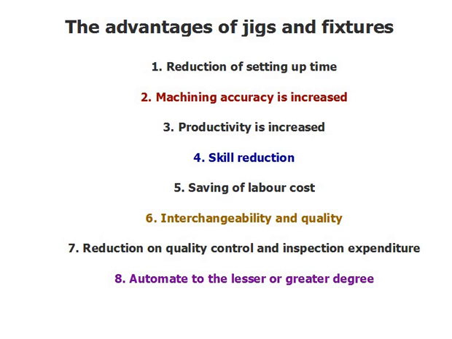Of course, use of jigs and fixtures reduces the expenditure on quality control and inspection of the components or parts. And finally, automation to a lesser or greater degree. That means the use of jigs and fixtures partially automates the machine tools. So these are the advantages of jigs and fixtures.